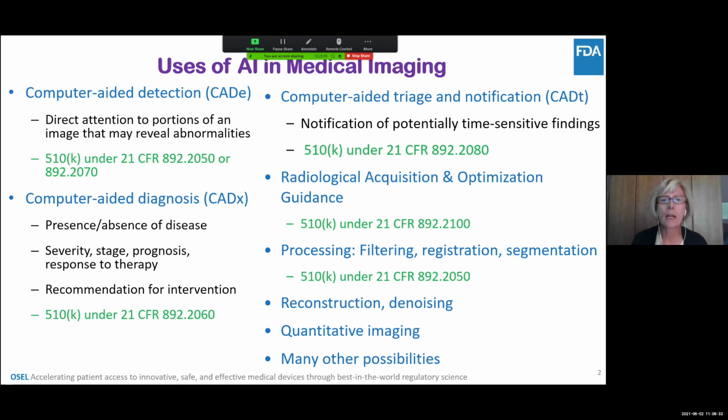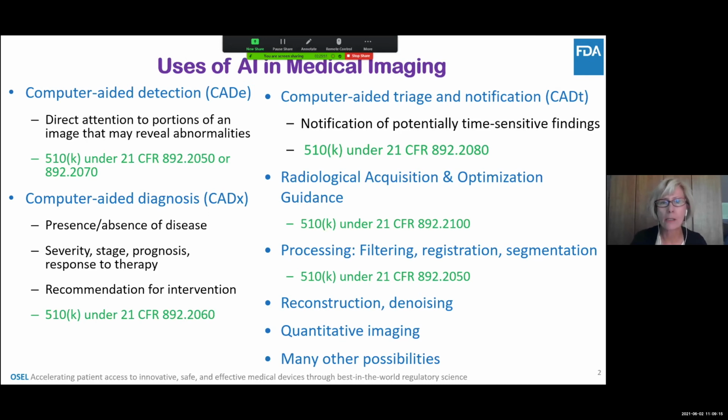So what's different in today's devices intended to direct attention to portions of an image that may reveal abnormalities is really the fact that the devices that we're talking about in this workshop, these AI-enabled devices, may not be, as our last speaker was talking about, quite as understandable or interpretable in terms of how they've taken training data and turned that into an algorithm that provides these kinds of pointers, as opposed to the kinds of algorithms we were talking about 20 years ago that were really developed to mimic expert radiologists.